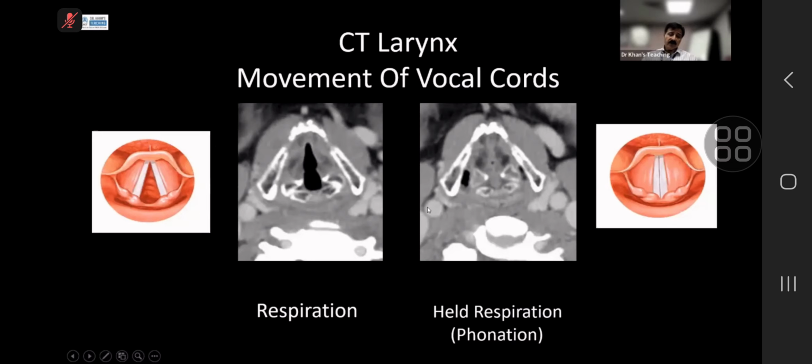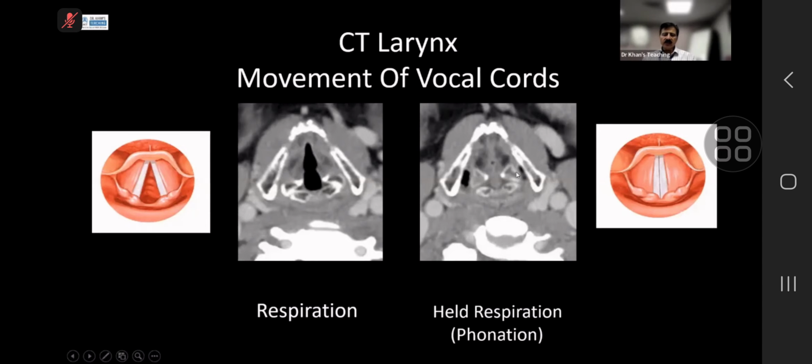True chord, when patient is respiring, we see it like this. If you take a CT in held respiration or phonation, phonation is where you ask the patient as you scan, just to do like this, and automatically this will be adducted.